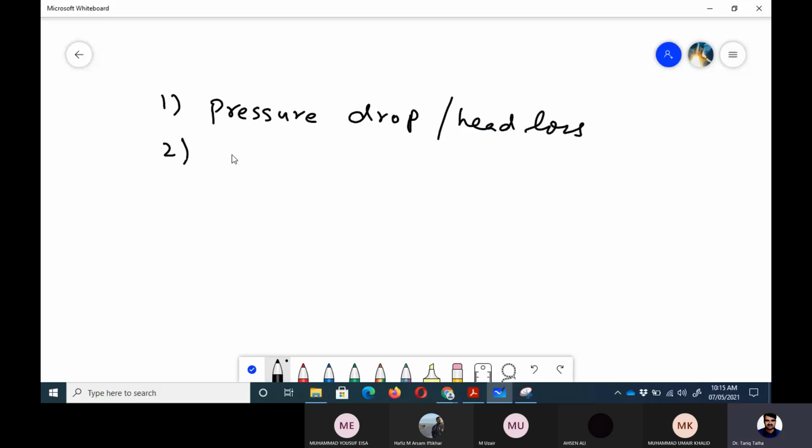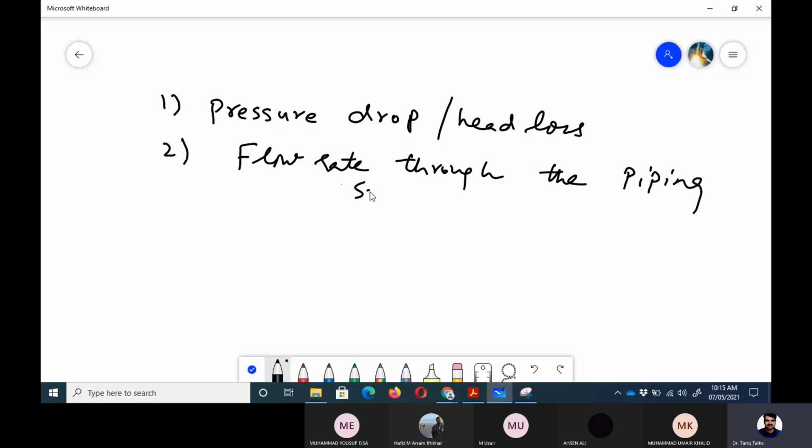In the second problem, we need to determine the flow rate through the piping system. And then in the third type of problem, we need to determine the diameter of pipe which should be used for the piping system for the given flow condition.